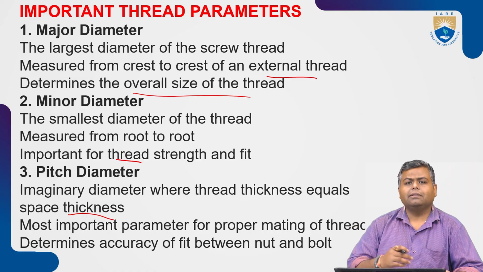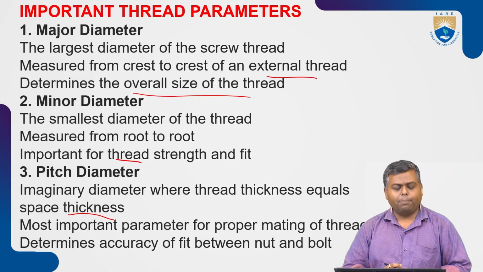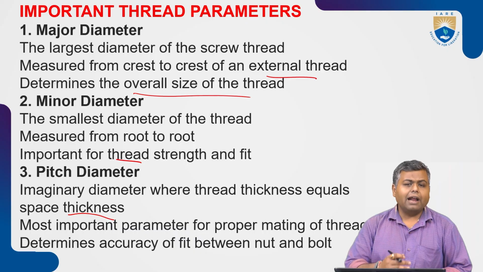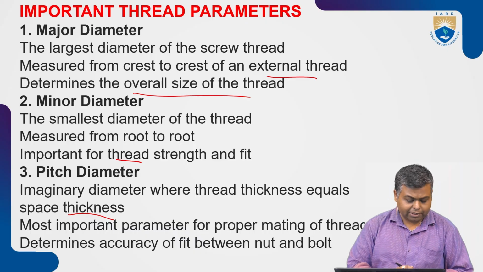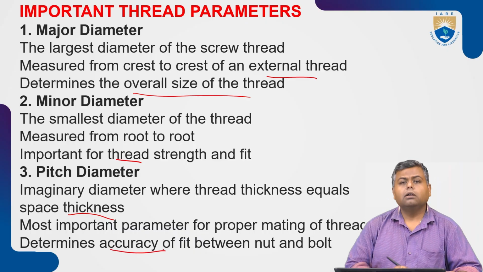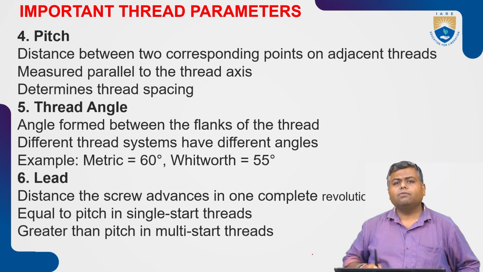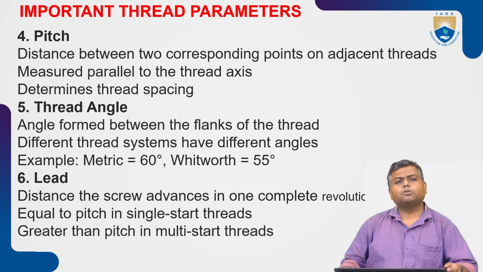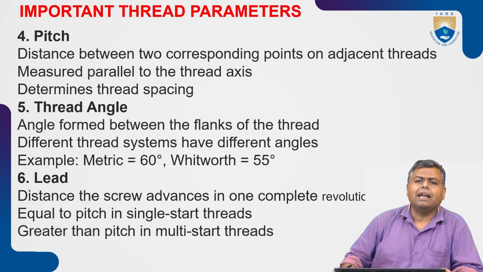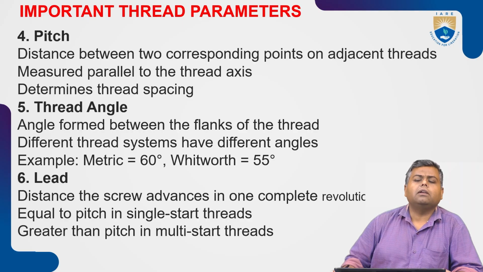The mating of the threads should be done very properly, and it depends upon the pitch diameter, mostly with respect to the accuracy of the fit between a nut and a bolt. The determination of the nut and bolt with respect to the pitch diameter should be very tight so that the functional requirement of the nut and bolt can be satisfied.